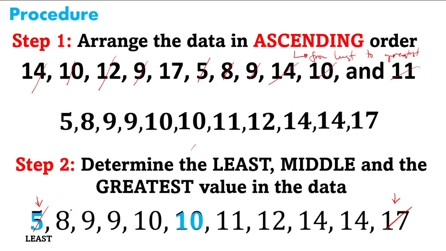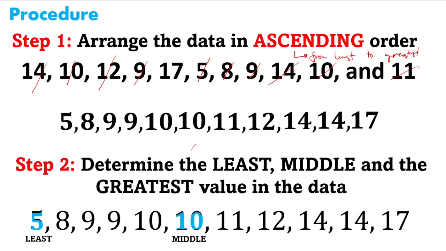Next, one pair here, cancel out. Then 9 cancels out. 10 and 11 cancel out. So 10 remains here. Therefore, 10 is located at the middle. That is what we call the takip-takip method.